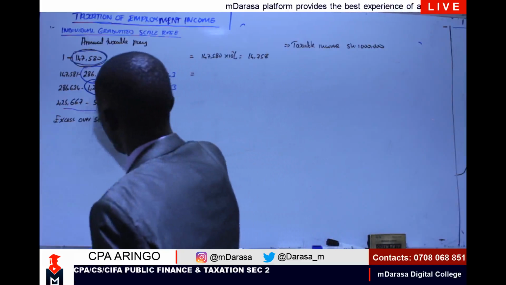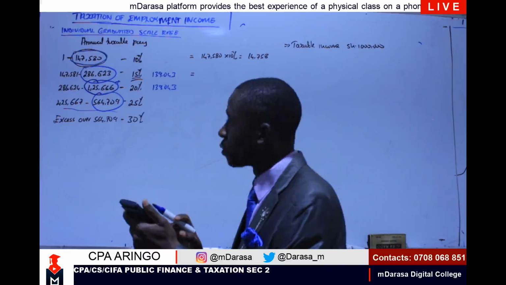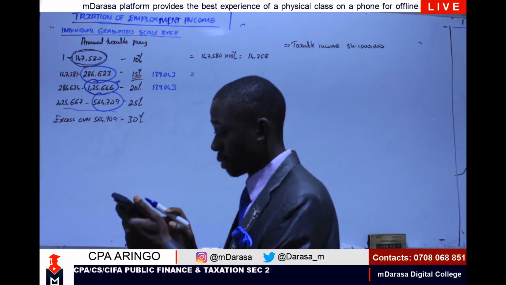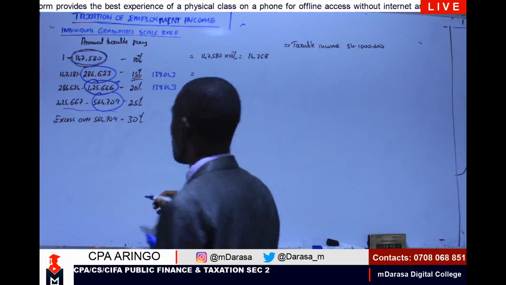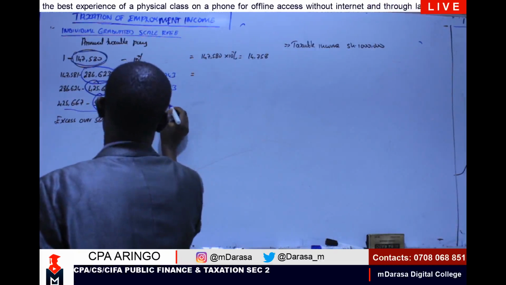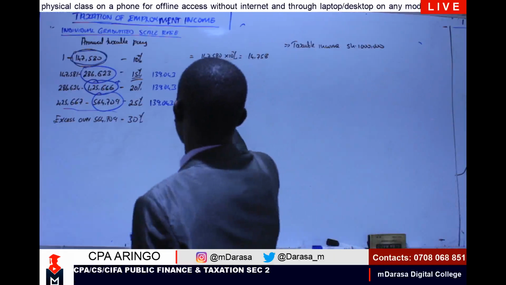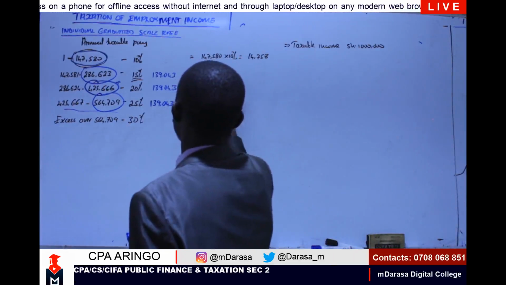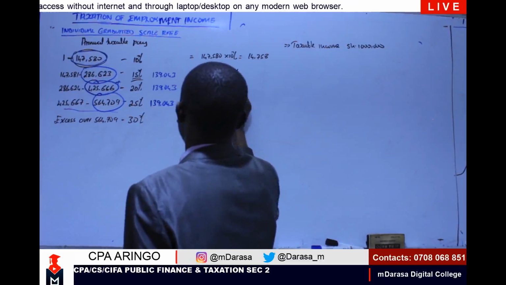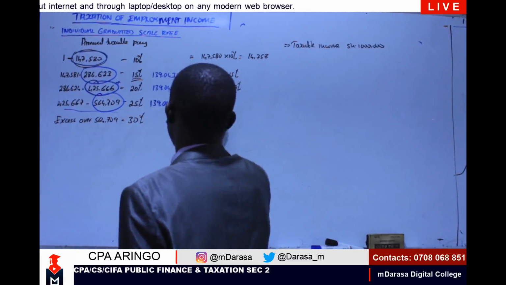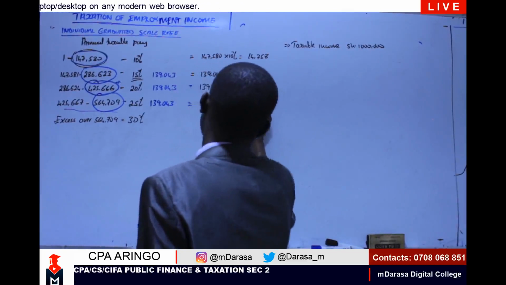I'll be taking 564,709 and deducting 425,666. That should give us the same amount, 139,043. So therefore, I should be talking of 139,043 times 15%, 139,043 times 20%, 139,043 times 25%. These are the figures that you should be having.